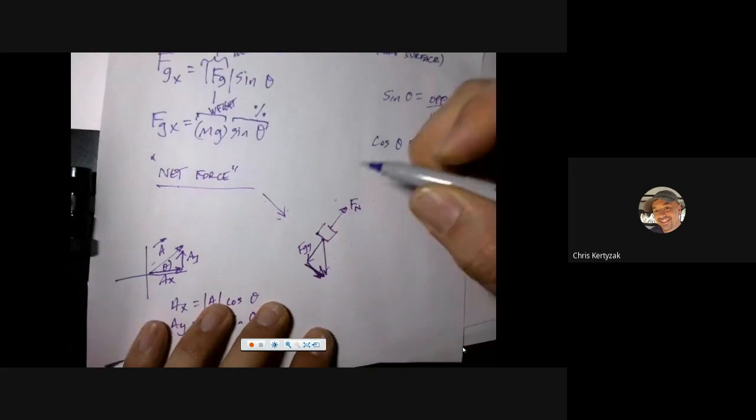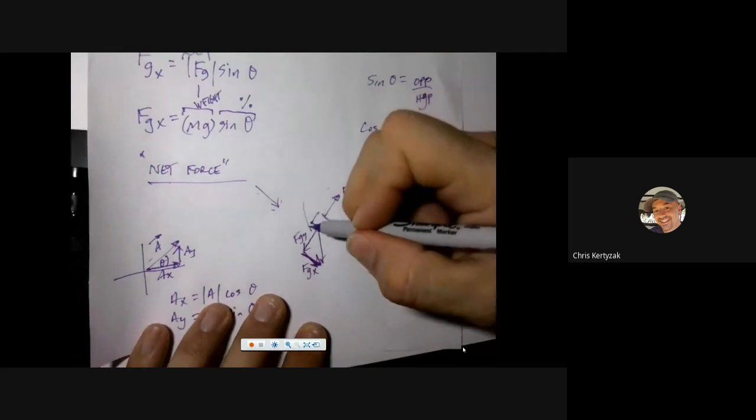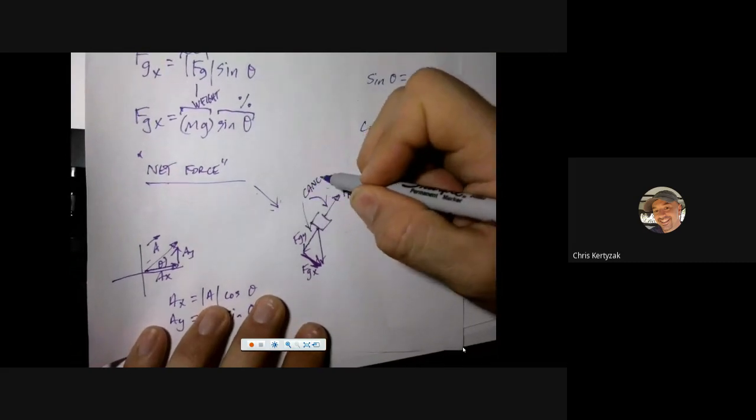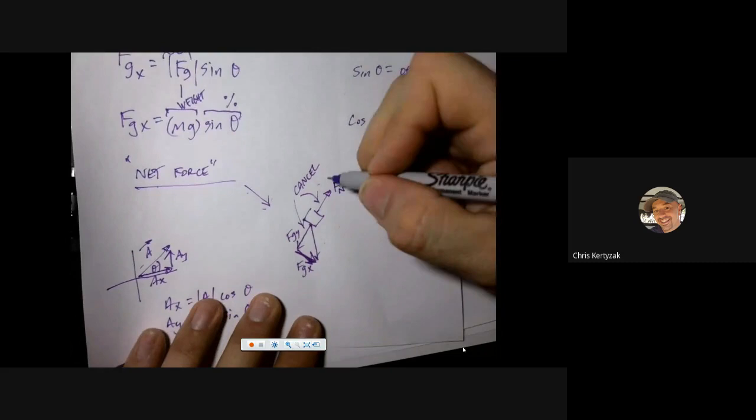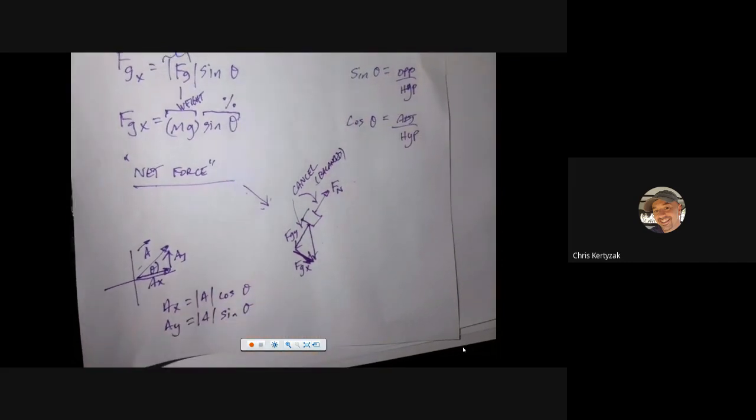That wasn't very well drawn, sorry. So these cancel. These are balanced, right? Those are balanced forces because they cancel.